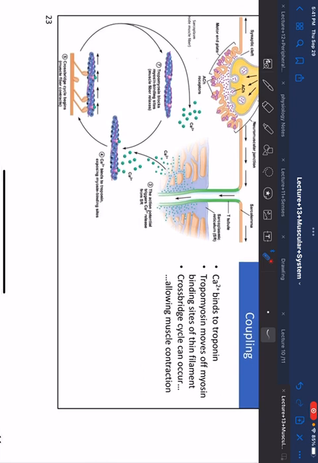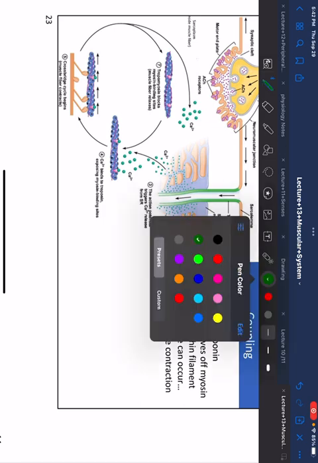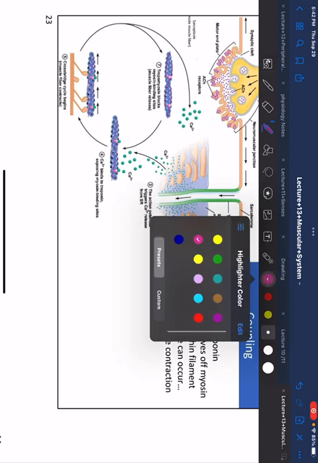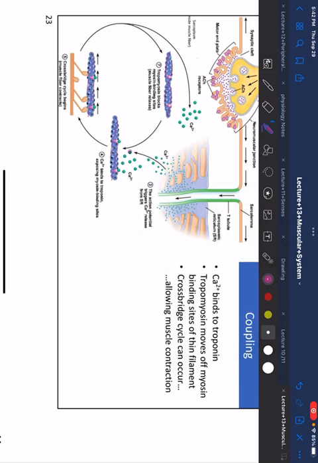Calcium binds to troponin. Here, let's color code it for you. Calcium is in green. Calcium ions bind to the pink, I don't have pink, so we'll use red, troponin.